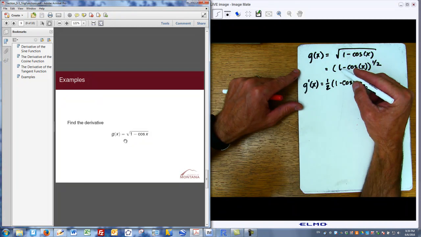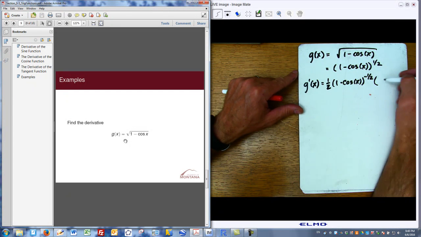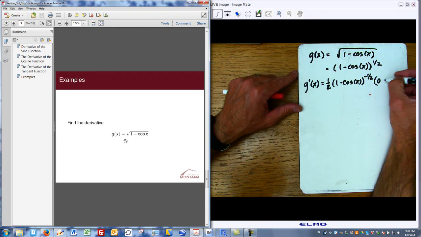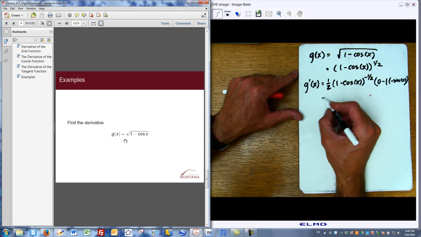Now the derivative of 1 is just 0, and the negative in front of the cosine can be thought of as a -1 coefficient. So we have 1 minus 1 times the derivative of the cosine, which is negative the sine of x. Okay, so how does that work out? Let's see.